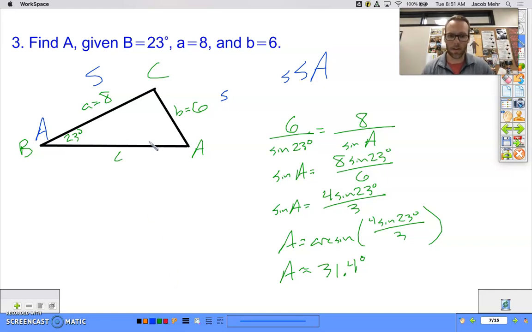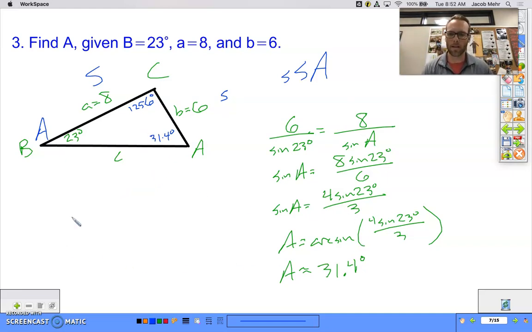We just found this to be 31.4 degrees. What is angle C then? Well, if I take 180 minus 23 minus 31.4, I get 125.6. It appears that there certainly is one possible triangle, but could there be two? Now, if these angles didn't work out, then there would be 0 possible triangles.